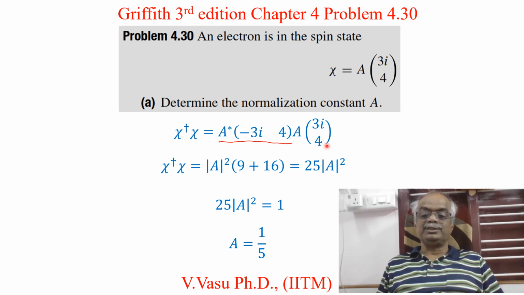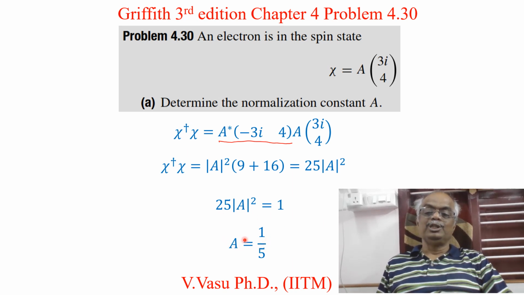Then 4 into 4 is 16. You will get 25 modulus A squared. So 25 modulus A squared must be equal to 1. Then naturally A is equal to 1 over 5. So the correct answer is the normalization constant is 1 over 5.